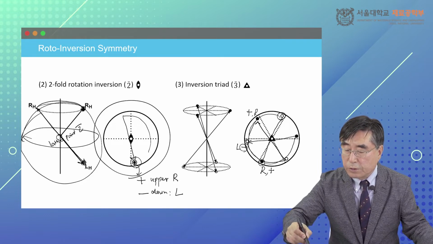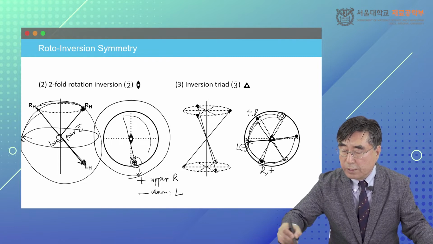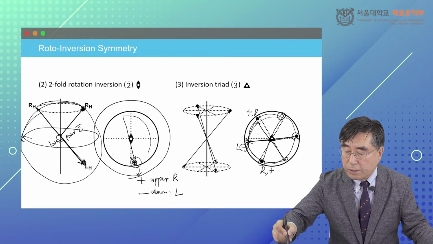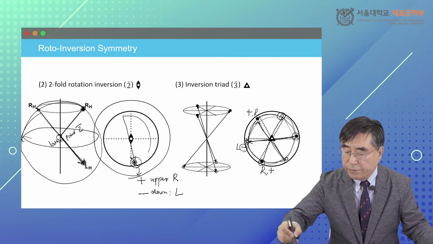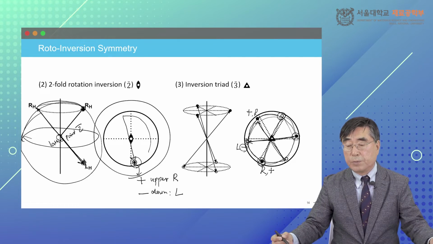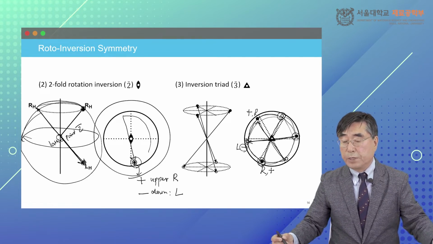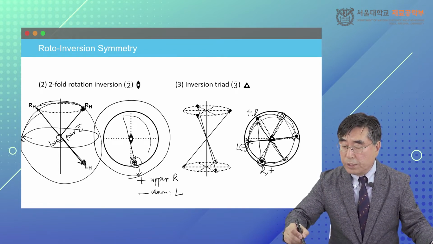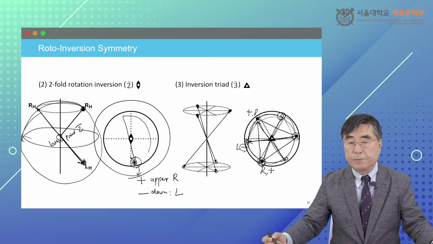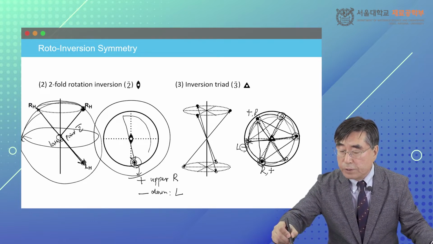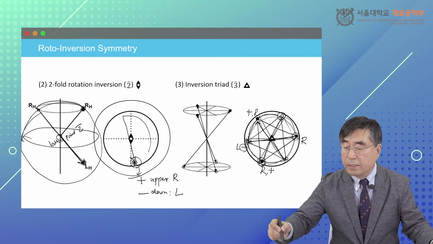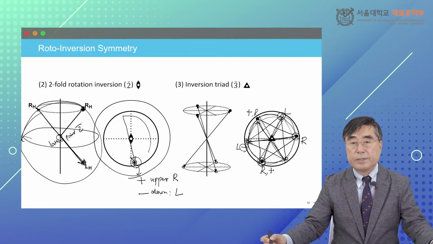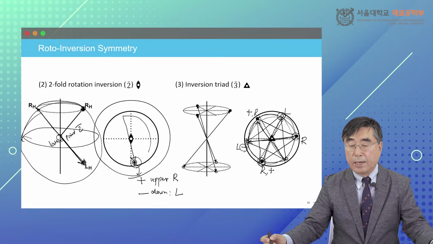So 120 degree rotation inversion, down pole, inversion, upper pole. Now it makes 120 degree inversion, 120 degree inversion until you go to the original positions. So this is 3 bar. So there are 3 poles in the upper hemisphere, and there are 3 poles in the down hemisphere, and the upper pole is all right hand, and the down pole is all left hand. This is what we call inversion triad, 3 bar.